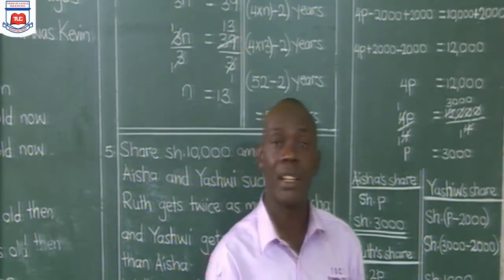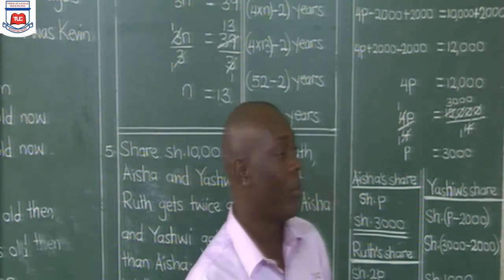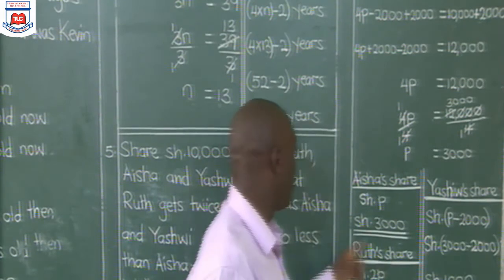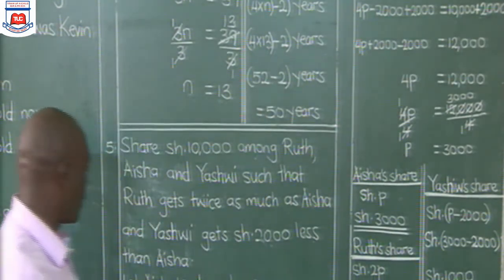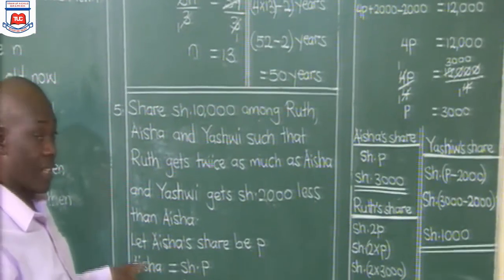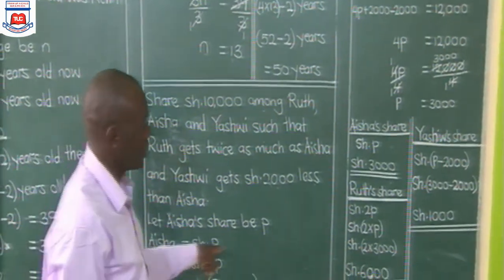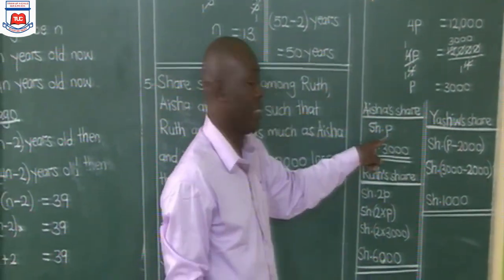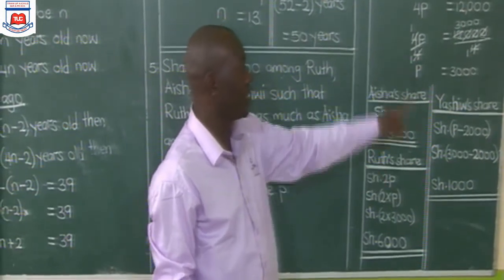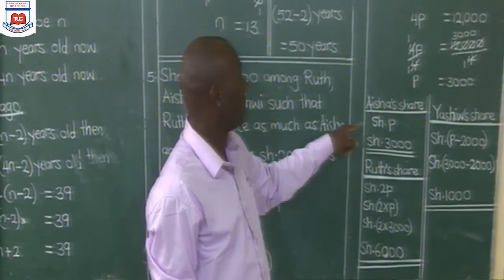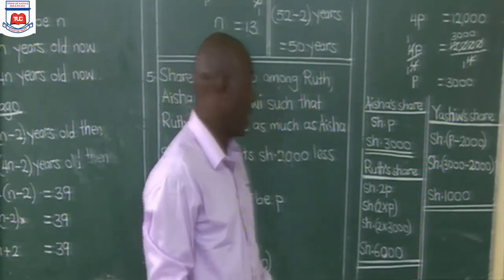Remember your total share. It's the same as saying how much money does each get. We go back to our formation. The first one that we got is Aisha. Aisha's share equals P shillings, which P is 3,000. Therefore Aisha gets 3,000 shillings.